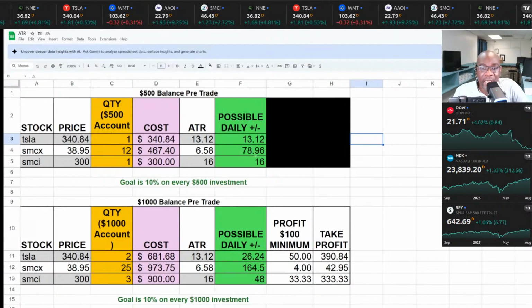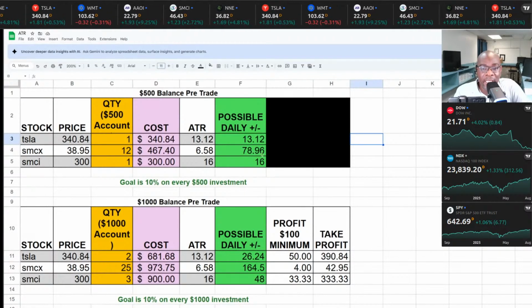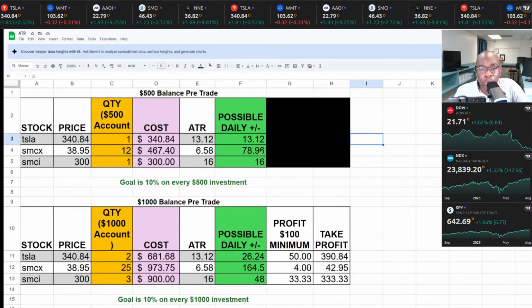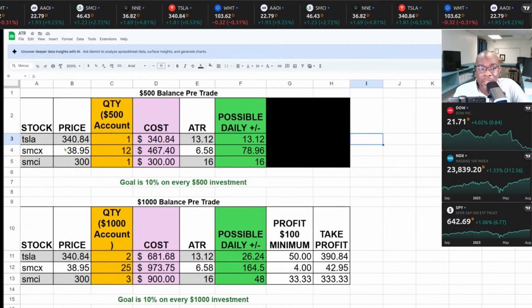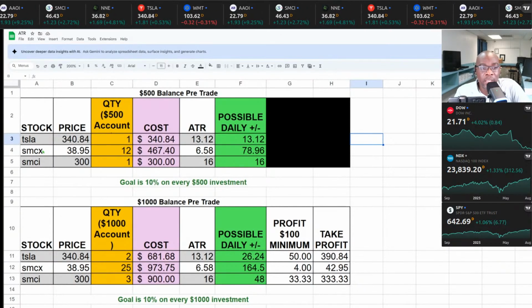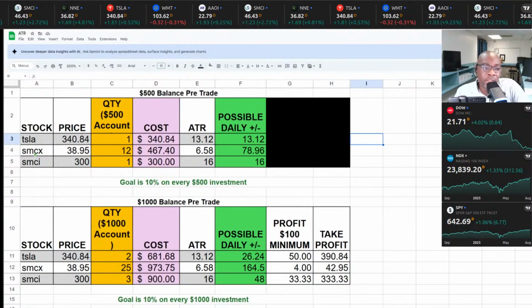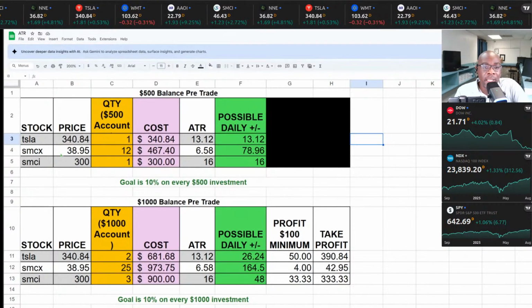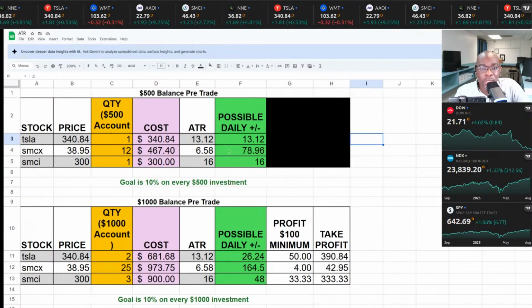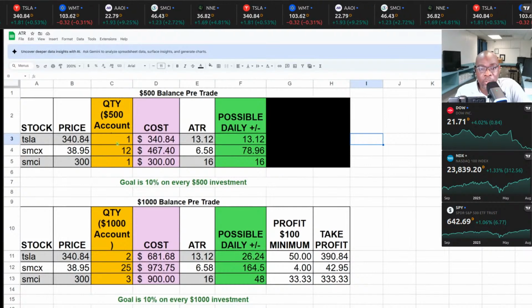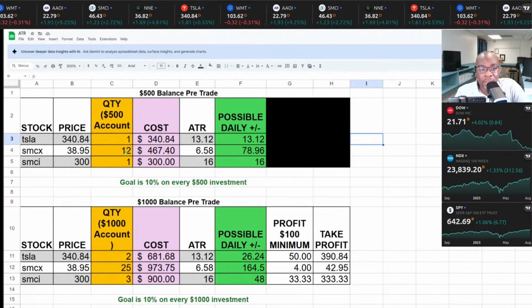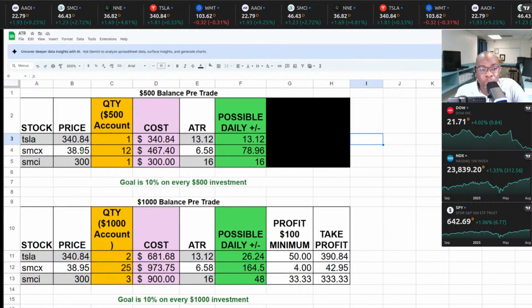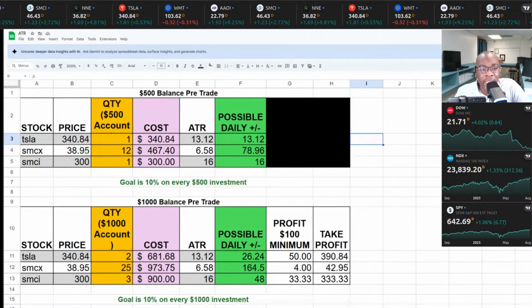That means we can make an average of $78.96 a day. We can make or lose $78.96. We got some Joe Blow Smuck stock that nobody really knows what this symbol is, SMCX, and you can make more money with this stock than you can make with Tesla on a daily basis, because you're able to buy more stocks with your $500 because you bought a cheaper stock that's $38.95.